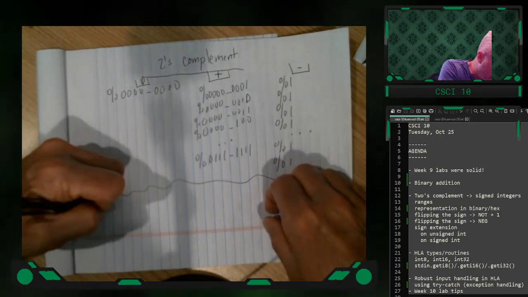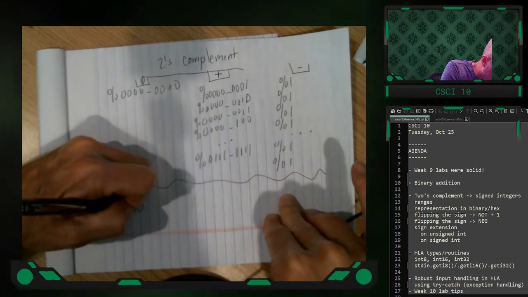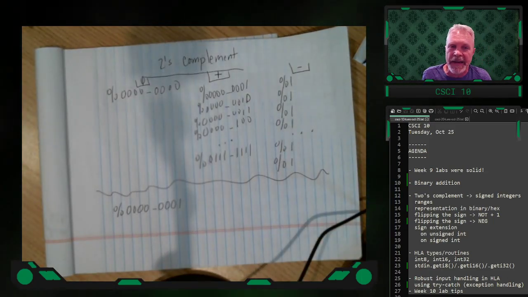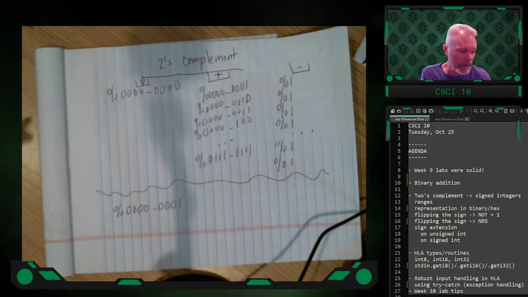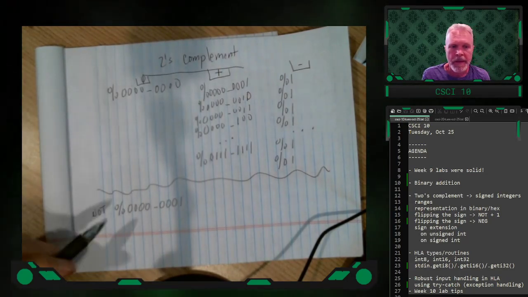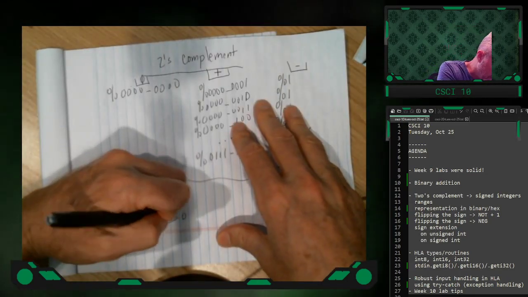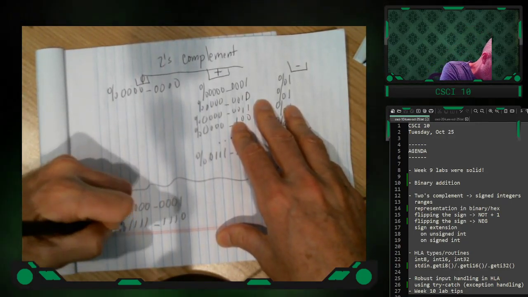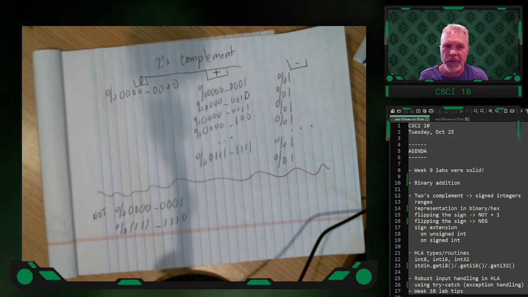So if I know I have positive 1, and I want to get negative 1 out of it, then I not the bits first. If I not the bits, that just means I reverse all of them. That's fine.